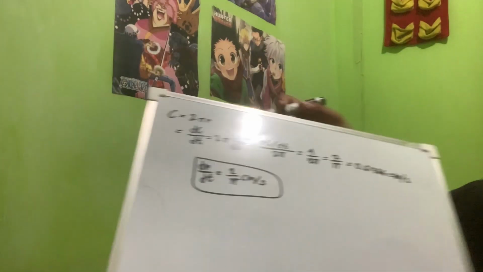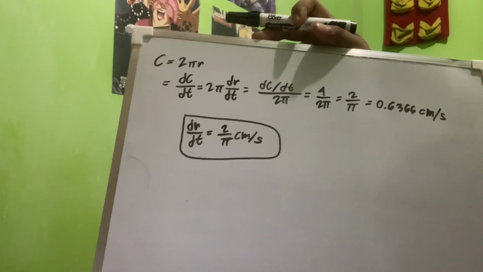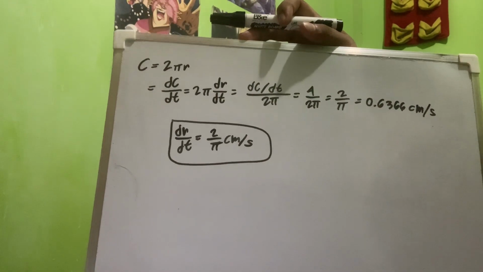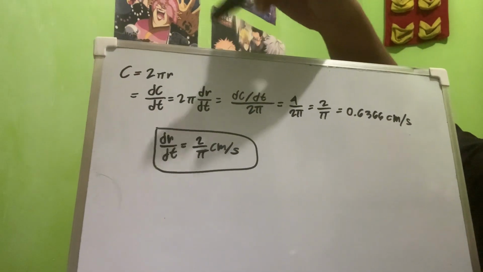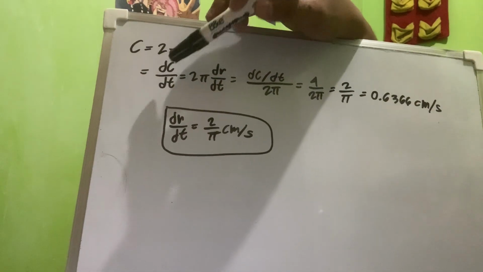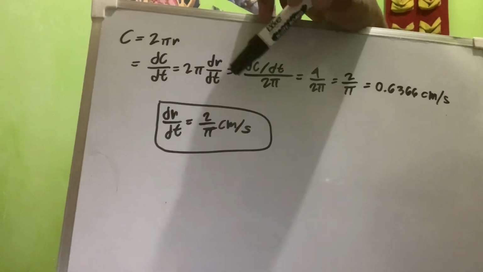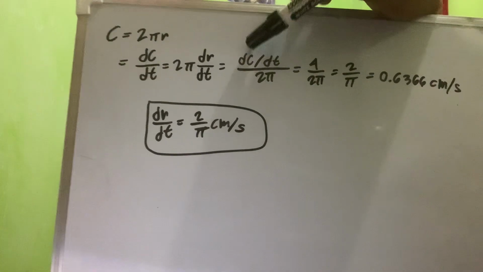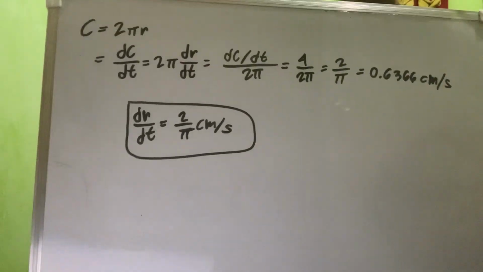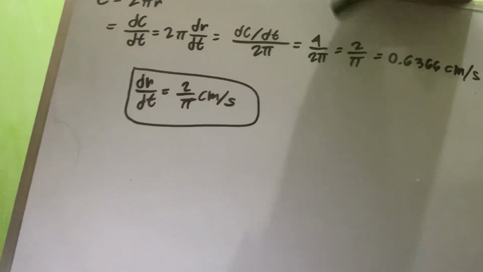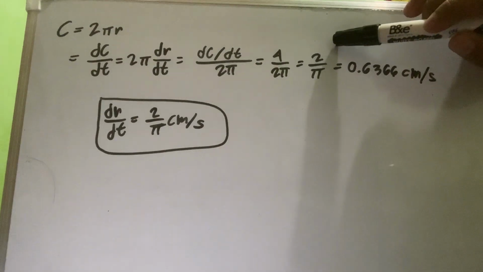So we solve for dr over dt, which equals dC over dt over 2 pi, equals 4 over 2 pi, which equals 2 over pi.